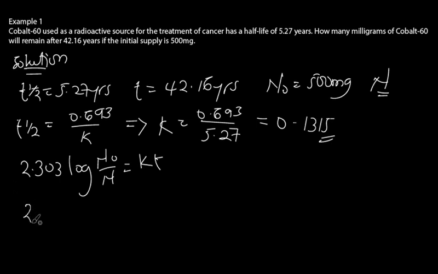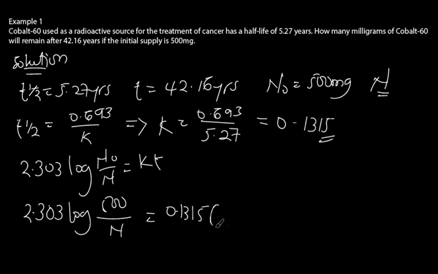So we have 2.303 log of 500 divided by N is equal to K, which is 0.1315, times the time, which is 42.16.